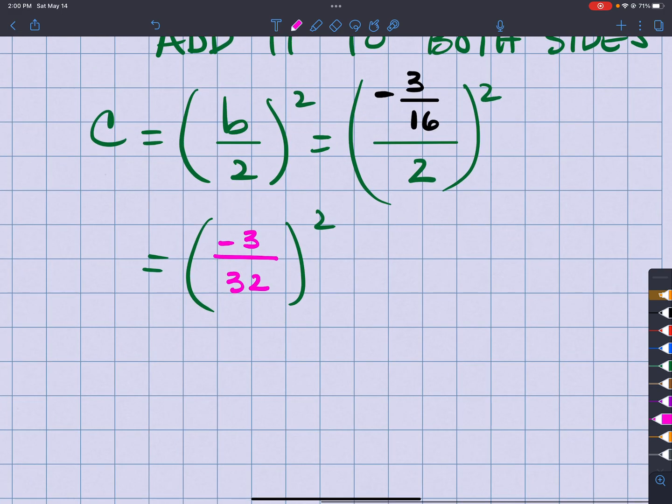So that is going to equal, that squared, negative 3 times negative 3 is going to be 9. And 32 squared is going to be 1024.